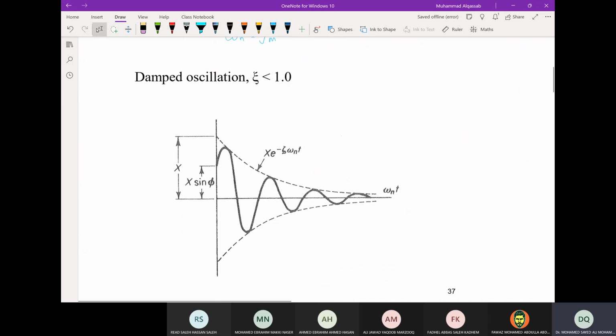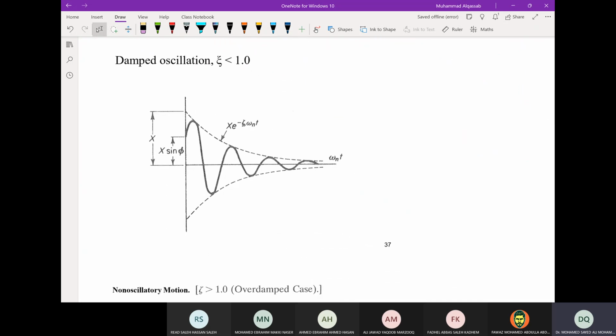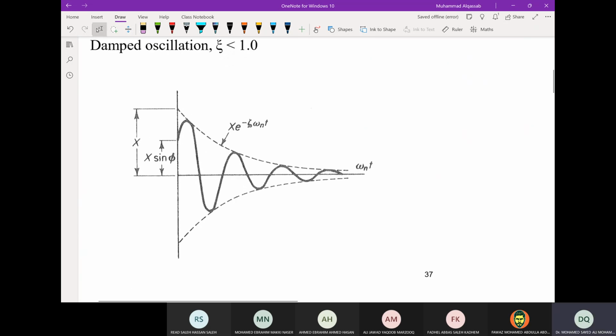Now, the typical response of underdamped is, as we said, oscillatory. Here, a typical response is given for initial conditions x at 0 greater than 0 and x dot at 0 greater than 0 as well. Both are positive. Initial displacement is positive, initial velocity is positive.